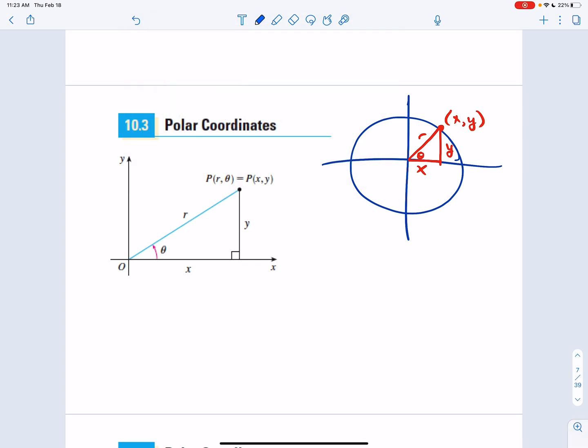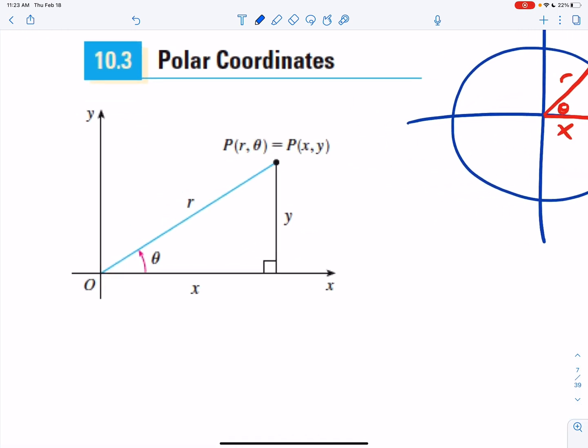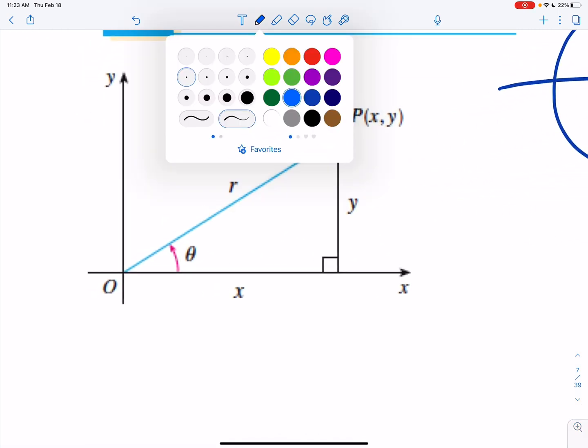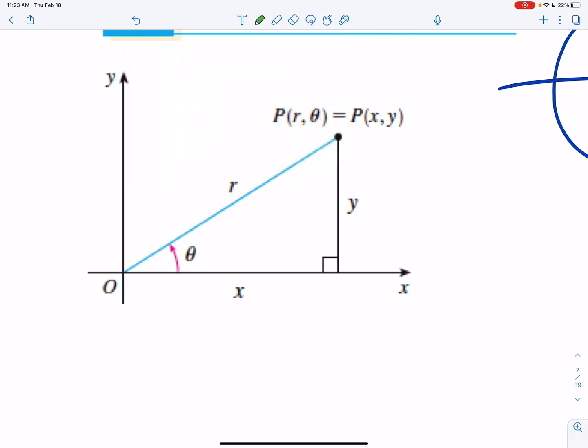Okay? So here's what we know. How do we convert, right? How do we translate this language from rectangular, which is what we've been used to with x and y, to polar, which is r and theta, right? So there's a direct relationship here. I know that when I take the sine of theta, based on this picture here, what is sine of theta equal to?